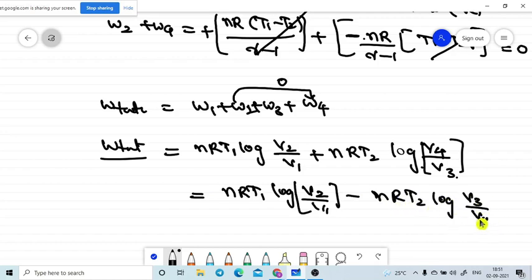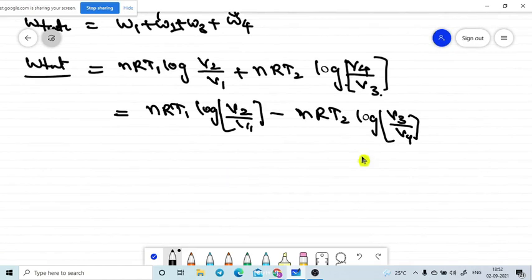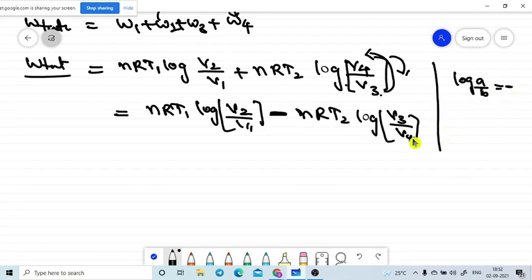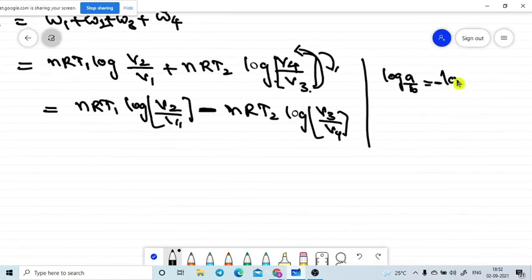Because we know the formula, log of A by B is equal to minus log of B by A. This position is sent to the numerator and this position is sent to the denominator. So we have the formula log of A by B is equal to minus log of B by A. I used this formula, just interchanged this one. This is the total work done.